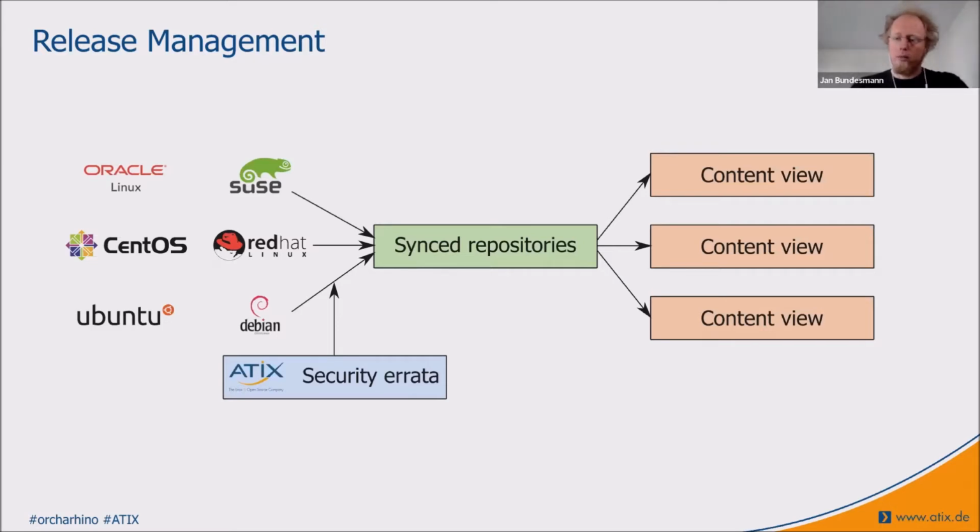And then the idea is, if you have this errata information on the orcharhino, at the same time, the orcharhino knows which packages are currently installed on your host, and it can calculate if some of these updates are necessary to remedy this security issue that you might have there. And then you can just patch this single package or this set of packages inside your content view to fix the security problem.